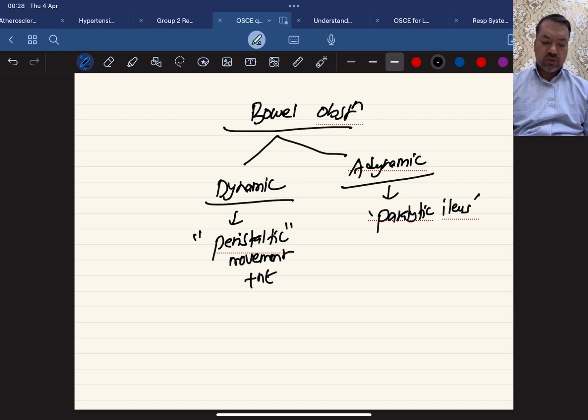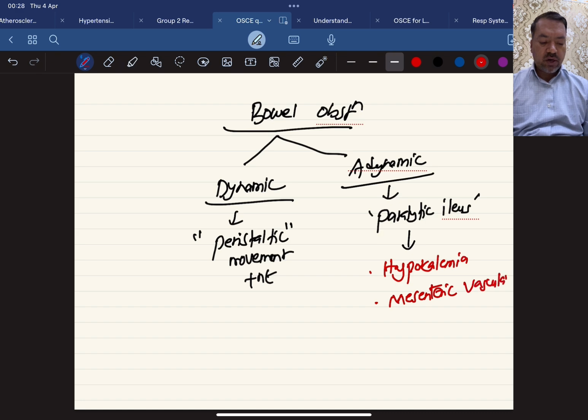So all those causes which I've just mentioned are dynamic type obstruction, but let me give you the causes of adynamic obstruction or paralytic ileus. One is hypokalemia. Don't forget it, very important question. Another is mesenteric vascular occlusion or mesenteric artery ischemia.